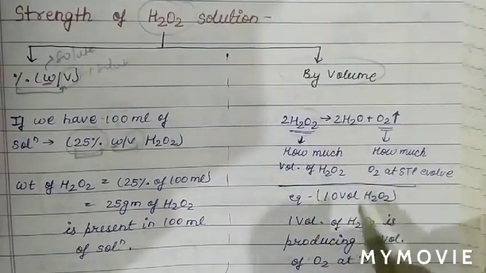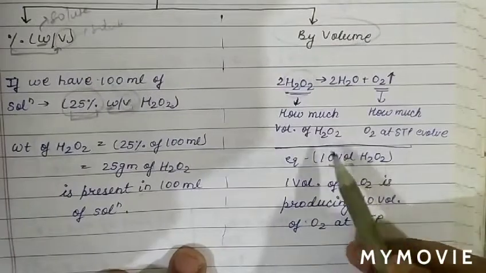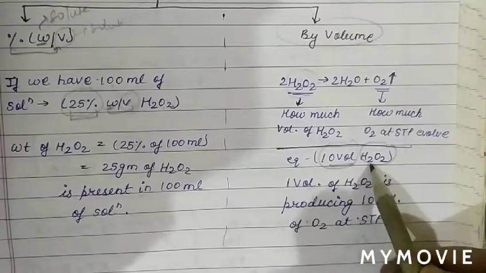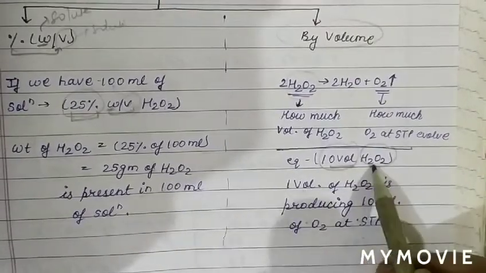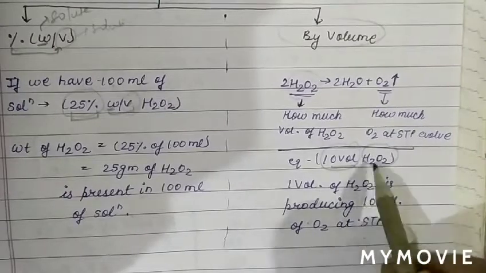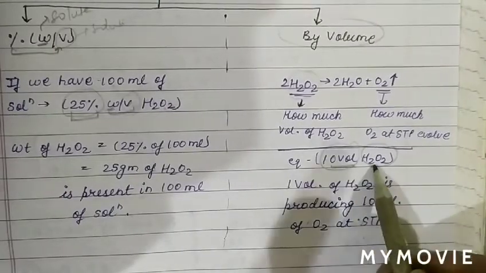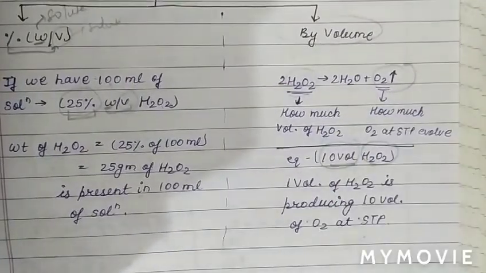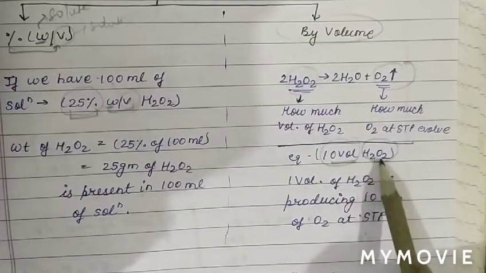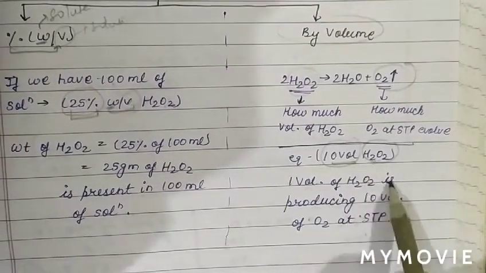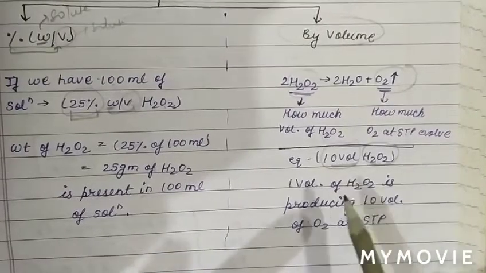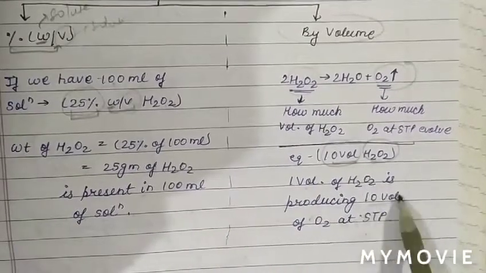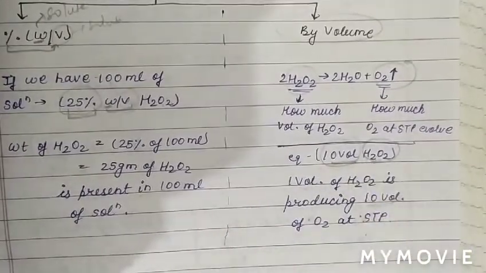Always remember this definition: 10 volume H2O2 means 1 volume of H2O2 produces 10 volume of O2 at STP. Also we may say, in terms of liters, 1 liter of H2O2 on decomposition gives 10 liter of O2 at STP. So this is the definition of 10 volume H2O2.